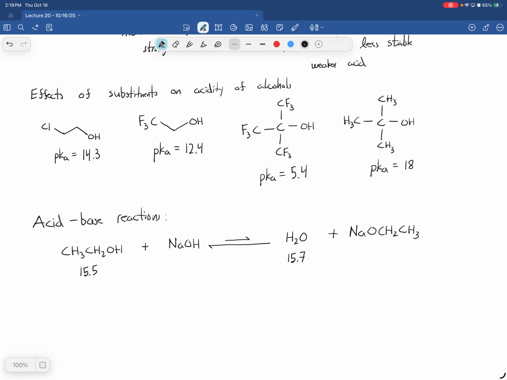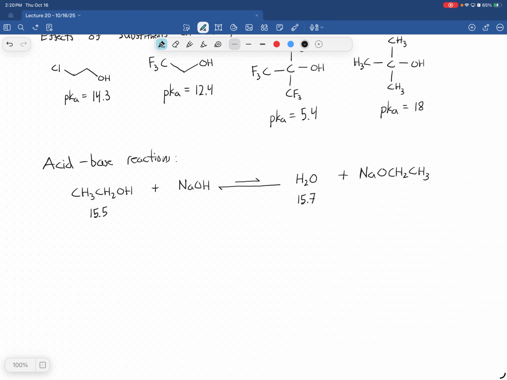So it doesn't go that far, right? Only slightly, and that's because the pKa difference is very small. If you increase the pKa difference by a lot, then it will favor one side more strongly. But since this difference here is only 0.2, it's so close together they'll pretty much be in equilibrium, even though the arrows don't show that.